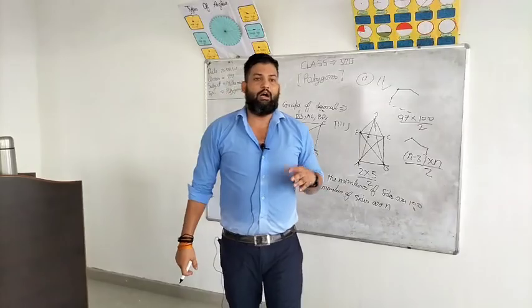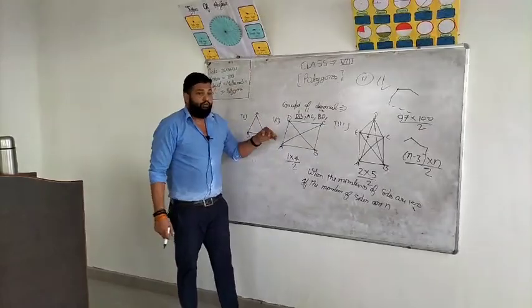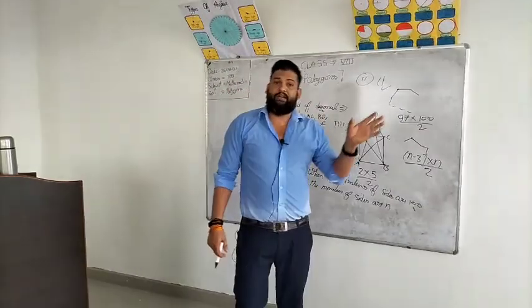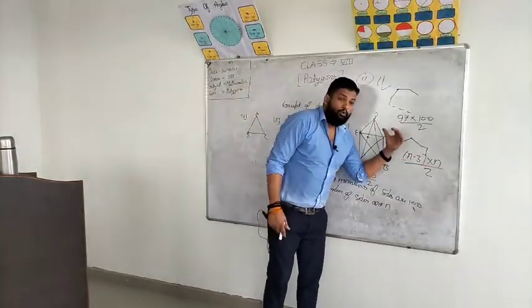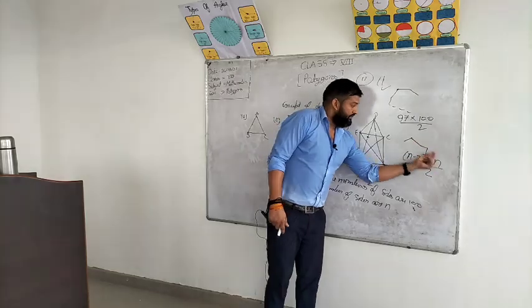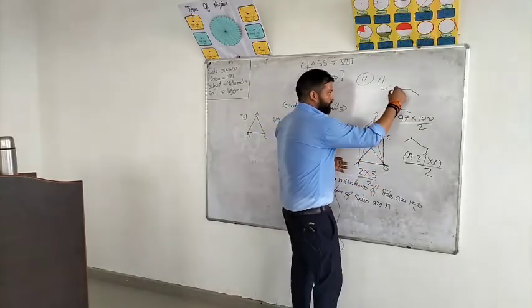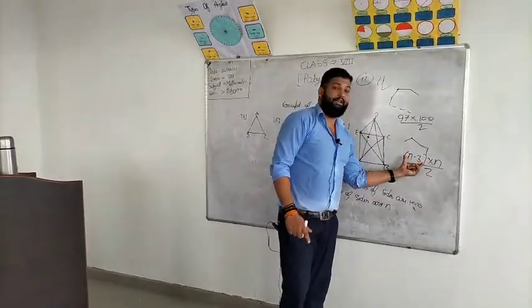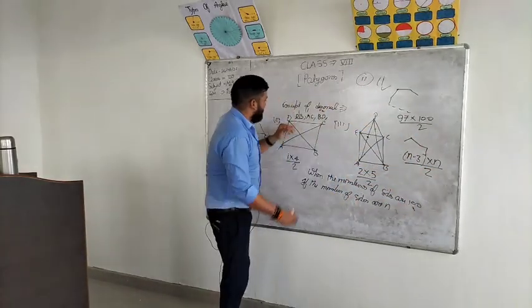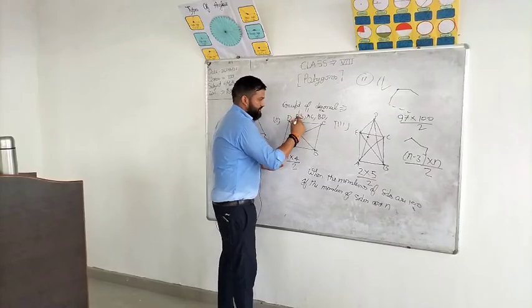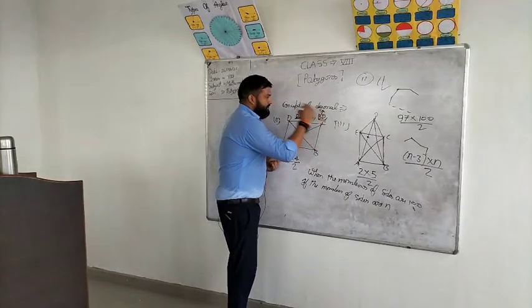If someone asks how we can find the formula for diagonals when the number of sides is given, and why it will be the formula: if the number of sides is n, from one vertex we can draw n minus 3 diagonals, and the total number of vertices is n. For example, DB and BD are both the same diagonal, but we counted it as 1 and 2.